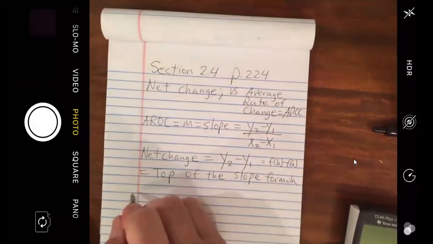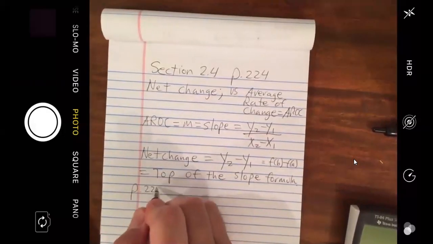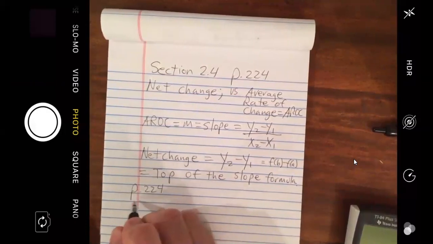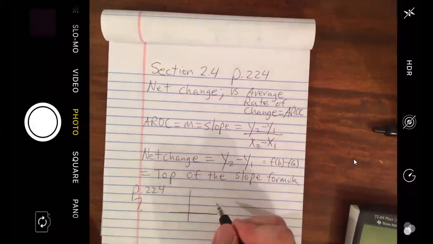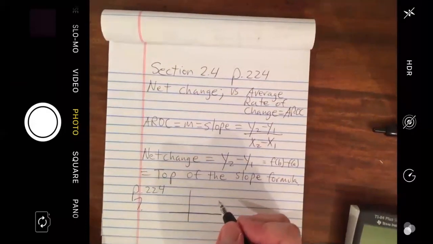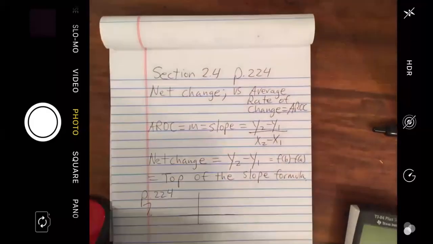So if I go to page 224, number 7, and they're giving me a graph. It's kind of a red curve, so I'm on number 7.